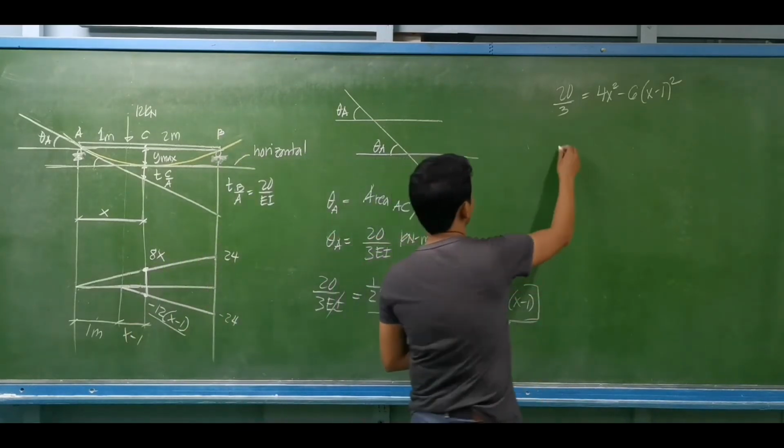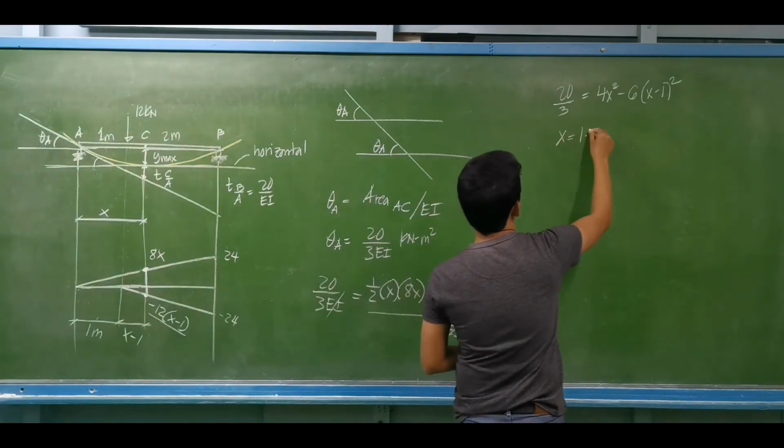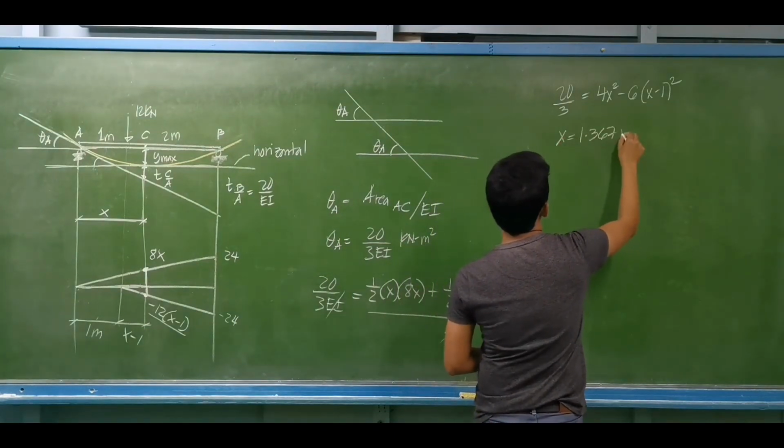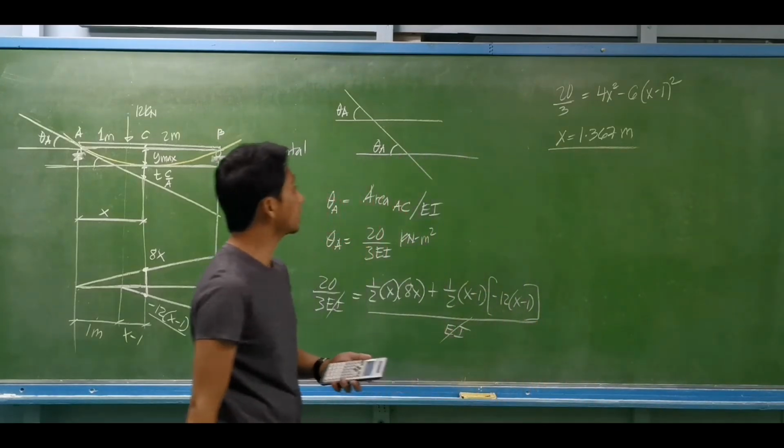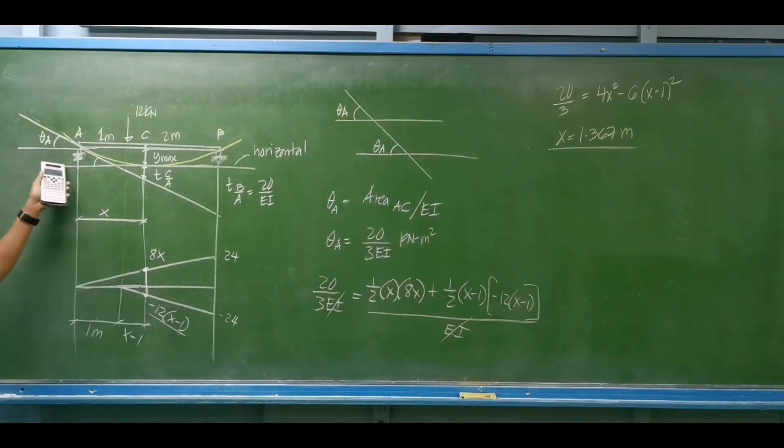So the value of x na equal to 1.367 meters. That is the location of the maximum deflection from A.